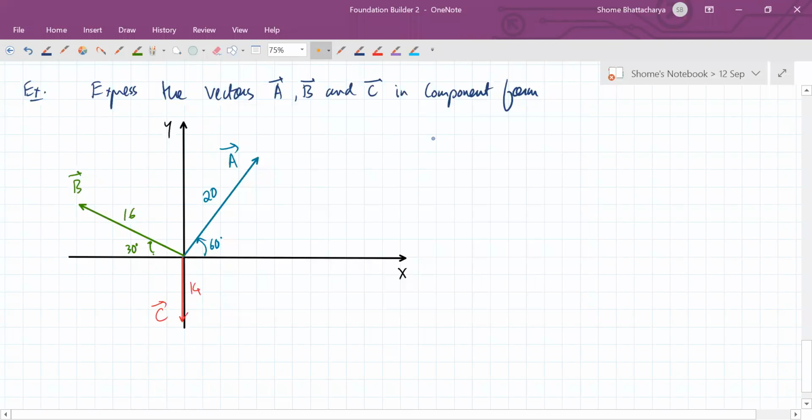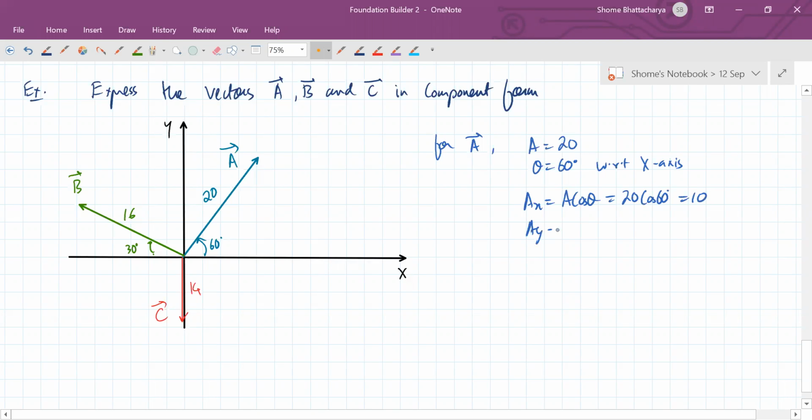Okay. So for the vector A, you can see that the magnitude of the vector A is 20 and theta is 60 degrees with respect to the x-axis. So by formula, AX will become 20 cos 60 degrees, so it will become 10.